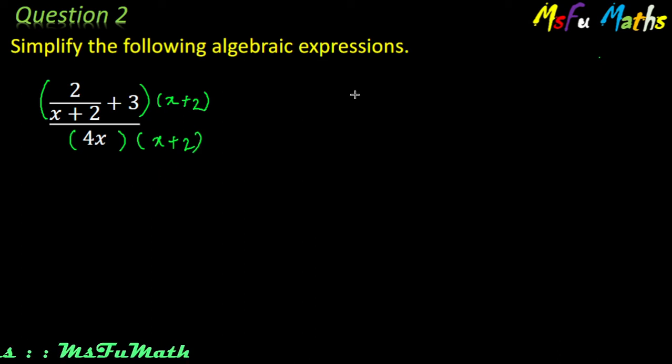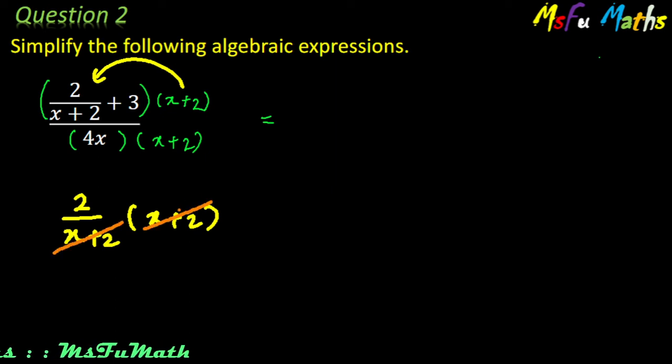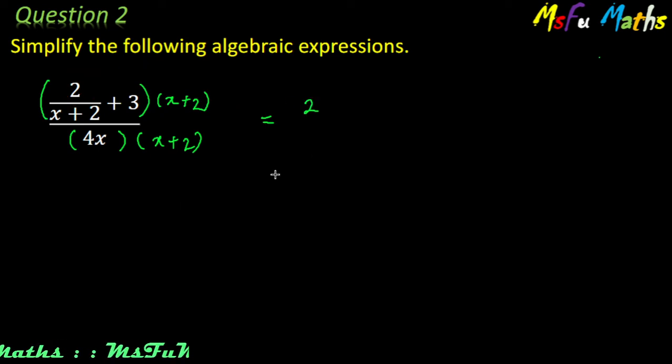Let's see what happened after you multiply with x plus 2. This part here, x plus 2 times 2 over x plus 2, gives 2 over x plus 2 times x plus 2. As you can see, this one you can cancel off, so what remains is just 2. So we write here 2.